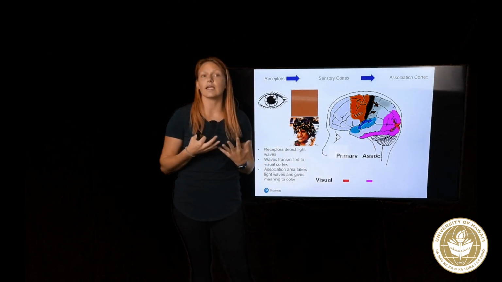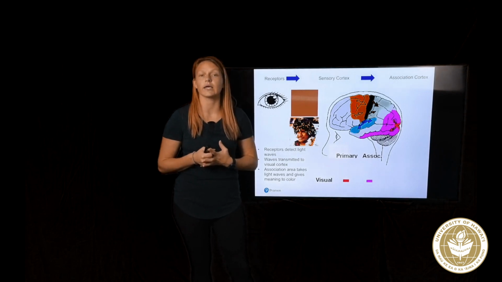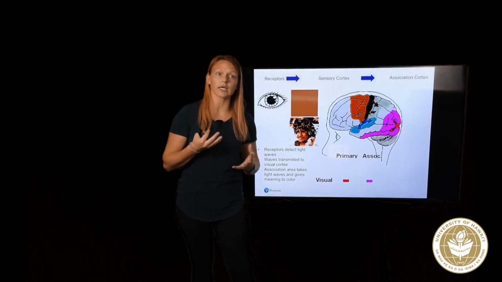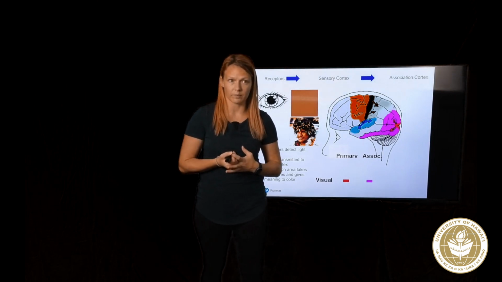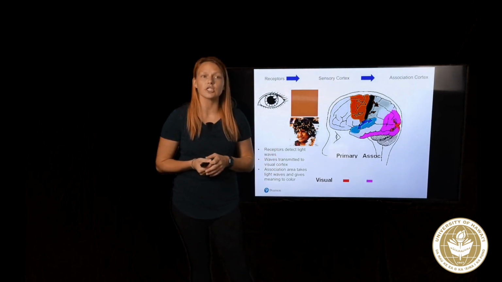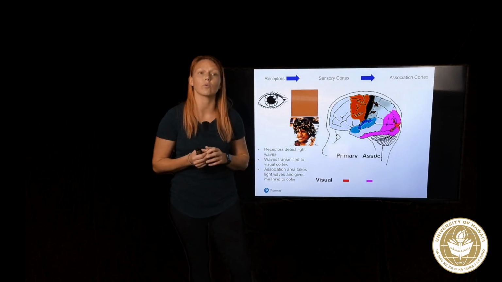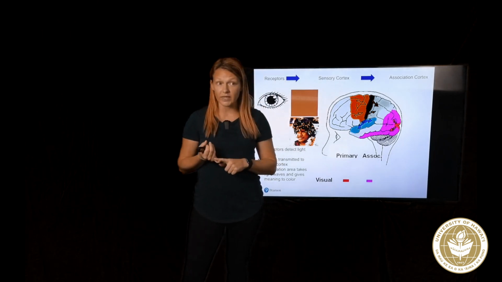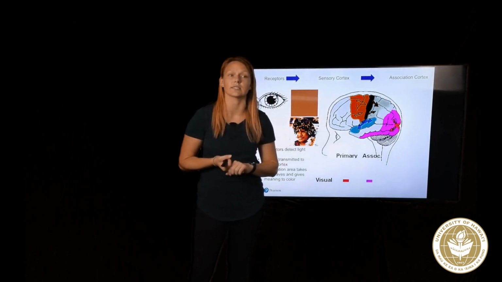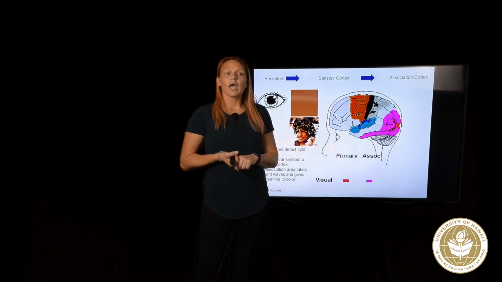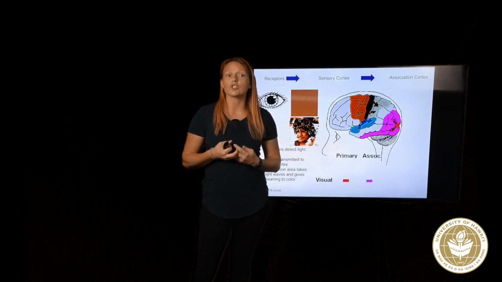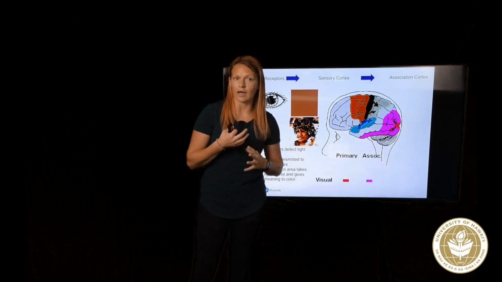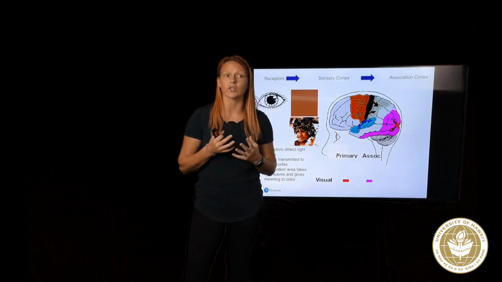So the information that it gets from the primary area is about simple contours, boundaries, edges, light and dark, and sensory qualities like color. So the visual association area on the lower part of that temporal lobe plays a primary role in your ability to do things like recognize faces, cars, trees, etc. Then we have nerve cells in a part of that visual association area that are going to respond to visual stimuli that have some sort of a complex pattern or a structure.